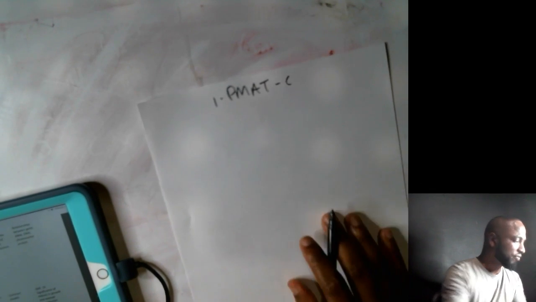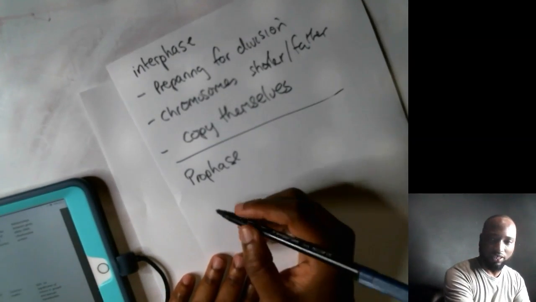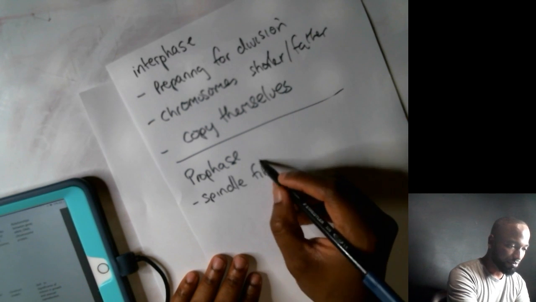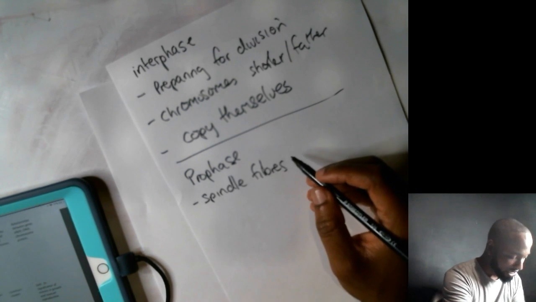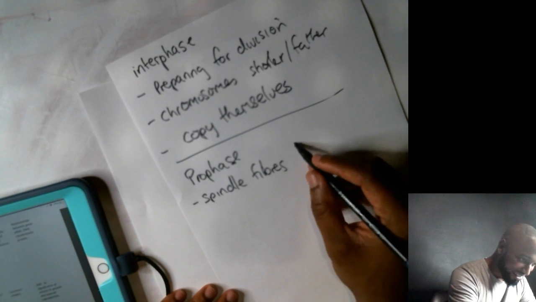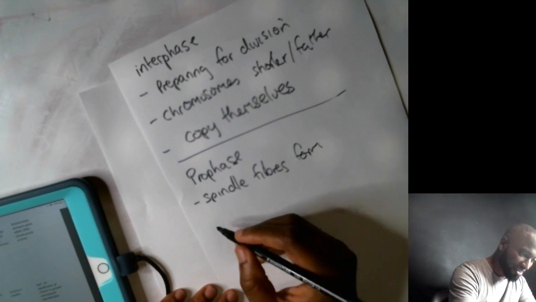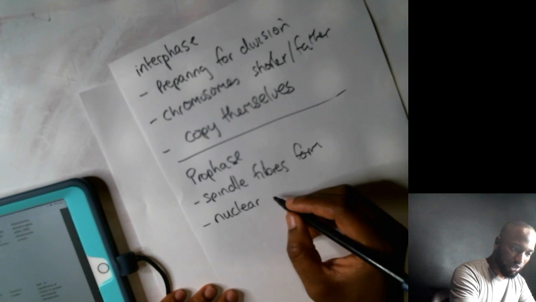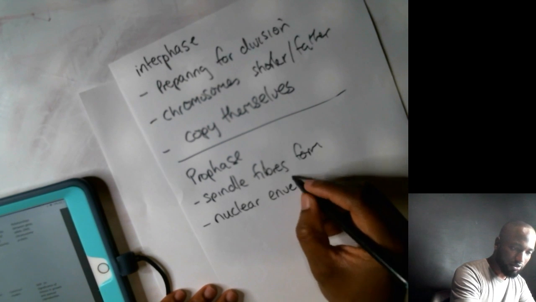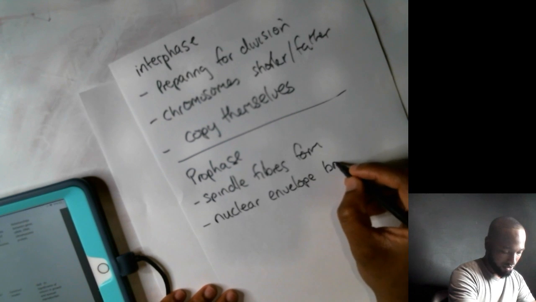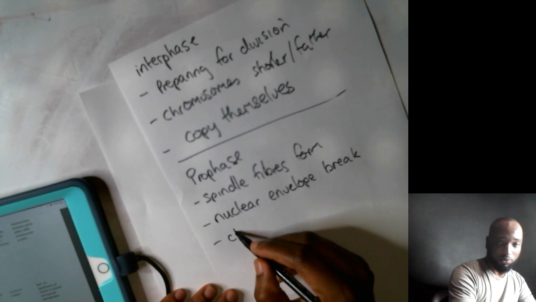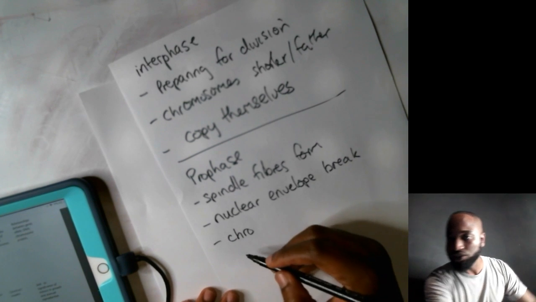So in the prophase, people are starting to hint at what happened there. The spindle fibers forming, and I'll draw my little funny diagrams that are helpful here. Form the nuclear envelope, nuclear wall breaks, the chromosomes are visible at this stage.